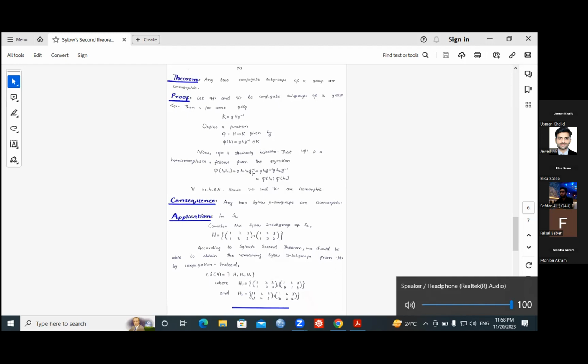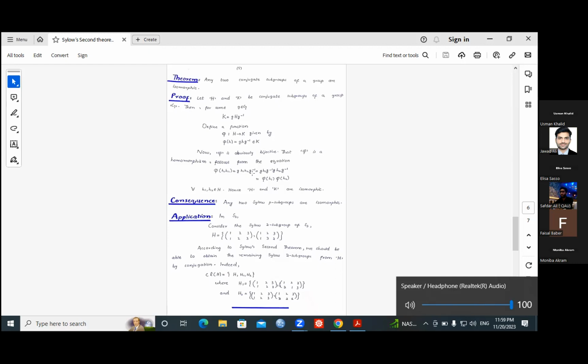Actually, we are discussing finite group theory because we only want to know the order of the group. So that's why we only take finite groups.